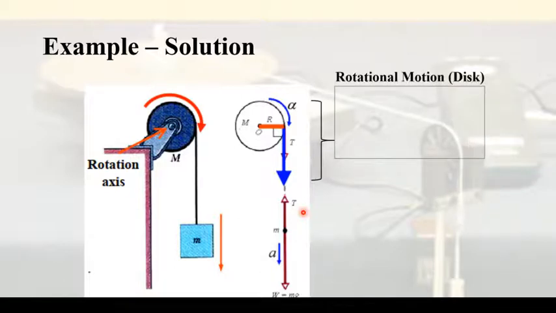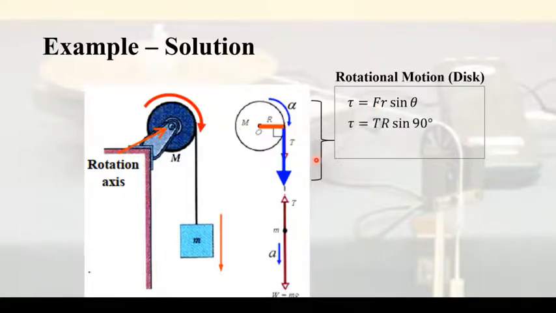We are going to start from the first diagram, the rotational motion. The first equation that we are going to use is the definition of torque. Torque equals Fr sine theta. According to the diagram, the force that causes my object to rotate is just the tension.